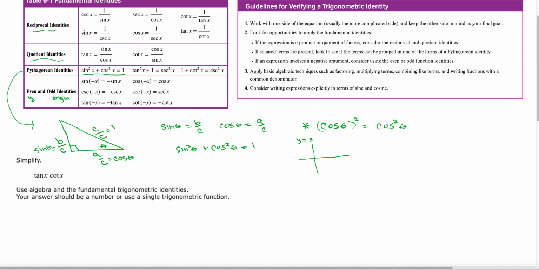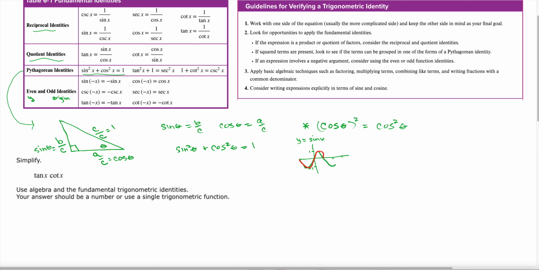So let's first think about y equals sine x. So if I'm going to consider just one period, right? This is 1, this is -1. So we know it goes like this, right? And it would go like this on the other side. So if I'm just considering one cycle, I want to kind of keep that origin in mind.